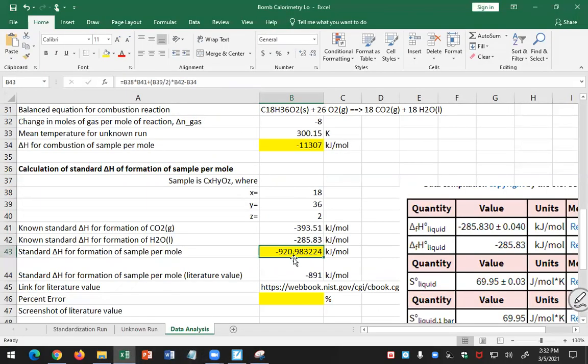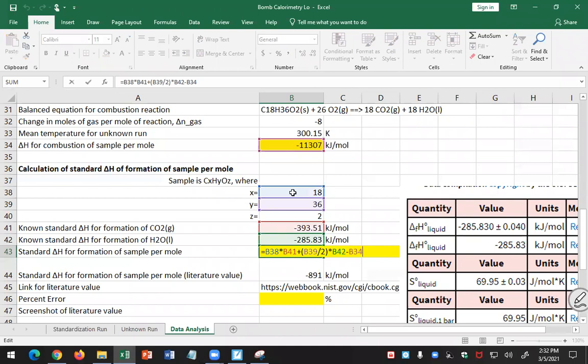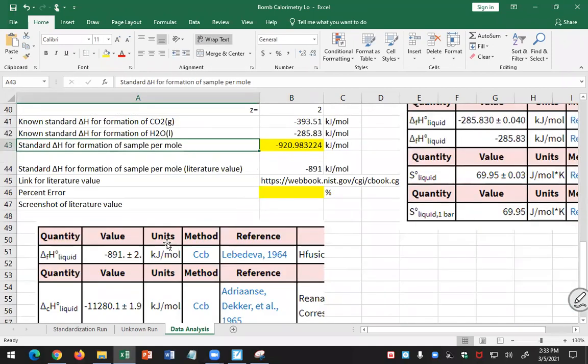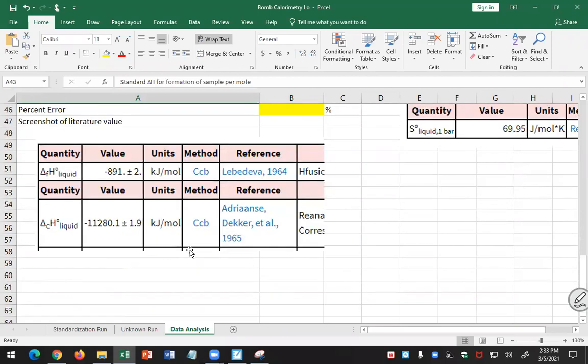This is equal to x, this B38, times delta H formation of CO2, which is B41, plus y over 2, which is B39 over 2, times delta H formation of water, which is B42, minus the delta H of combustion. Okay? And the rest of this you should be able to figure out on your own.